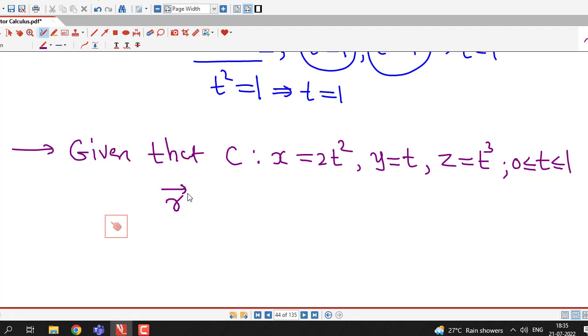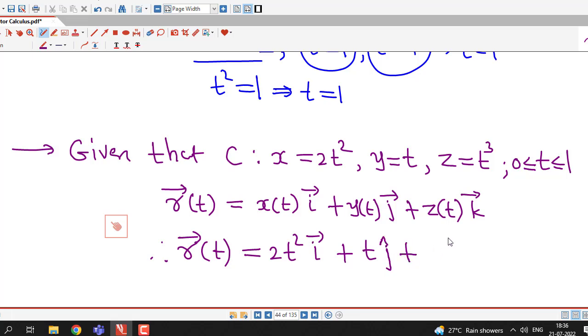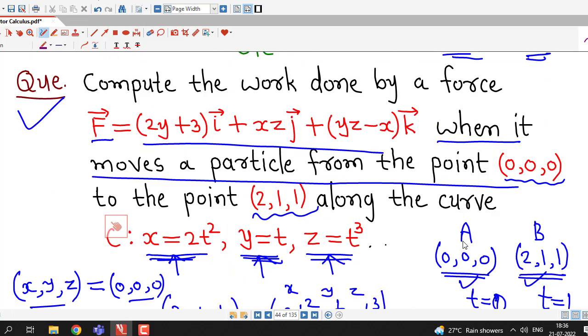That means our vector r bar t is, we know that r bar t is x(t) i plus y(t) j plus z(t) k. Therefore r bar t equal to 2t square i plus t j plus t raised to 3 k.